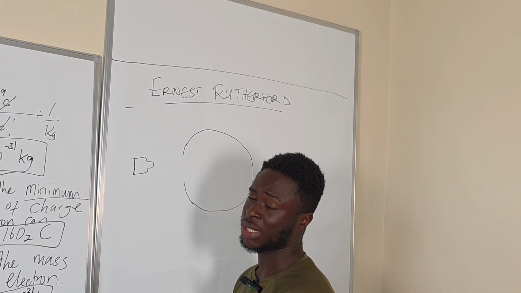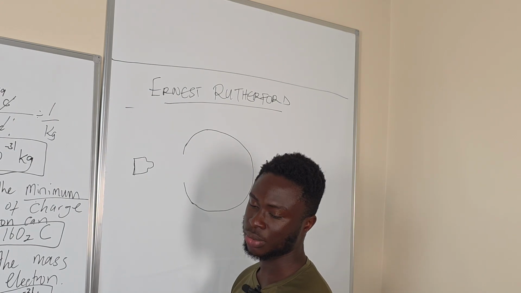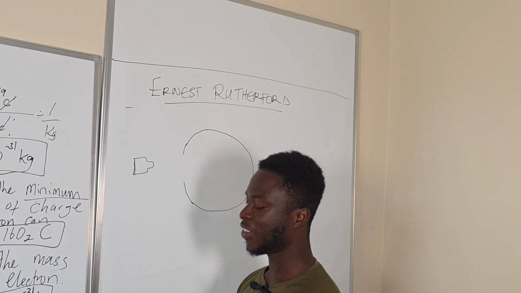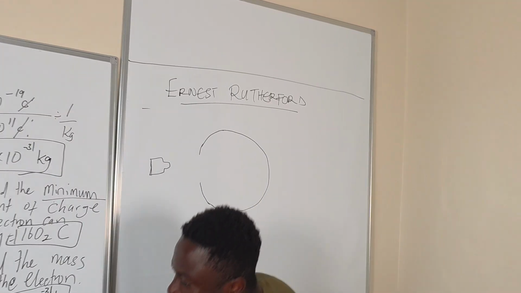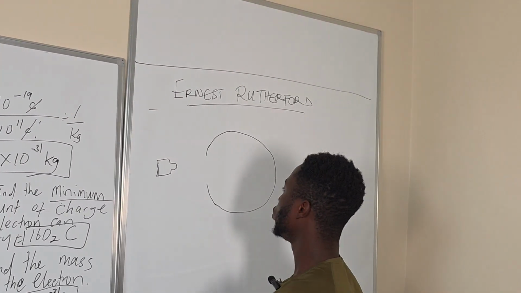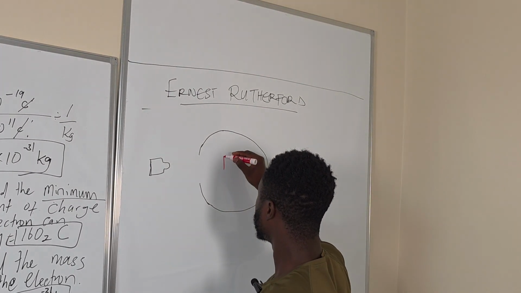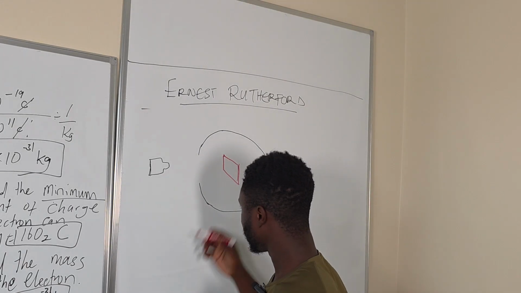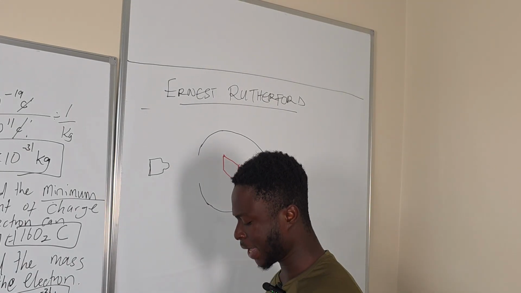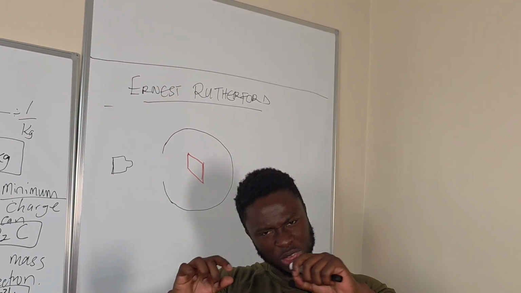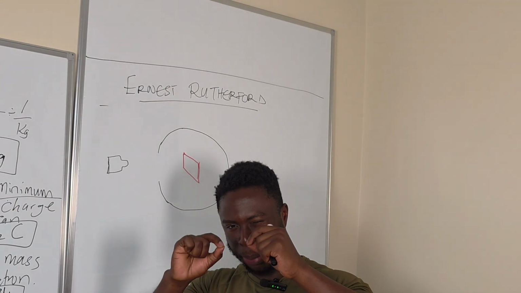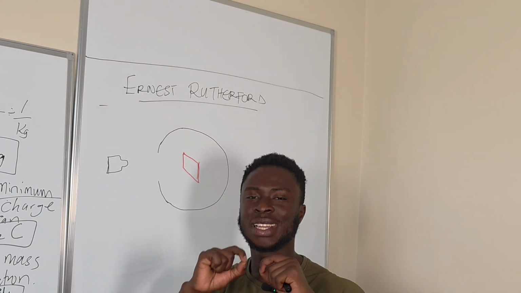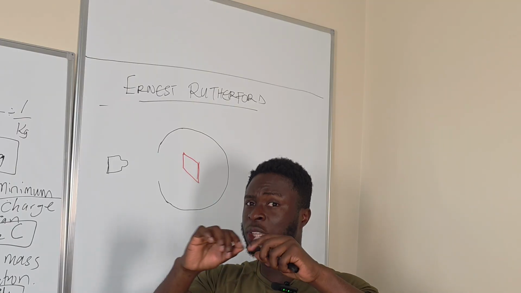Alpha particles to some extent can also be called helium atoms. So he put radioactive alpha particles here, and then inside the screen, he put a gold foil, a very thin gold foil. He made the gold foil so thin that it was just a couple of atoms thick, just a few atoms thick.